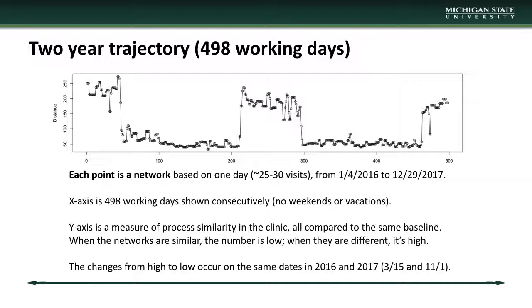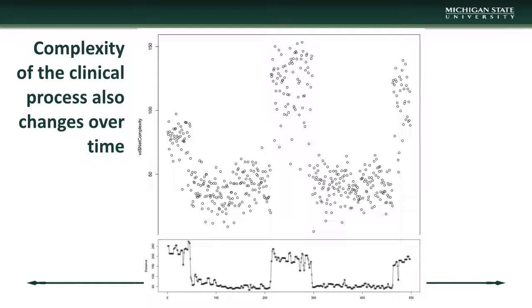So when the networks are similar to each other, then that number is low, like in the big low sections. But when the number is high, the networks are more different from each other. So the process changes over time. And what's interesting is the complexity of these clinical processes also changes over time, right?